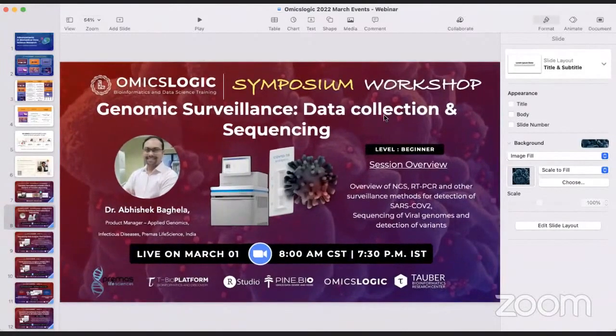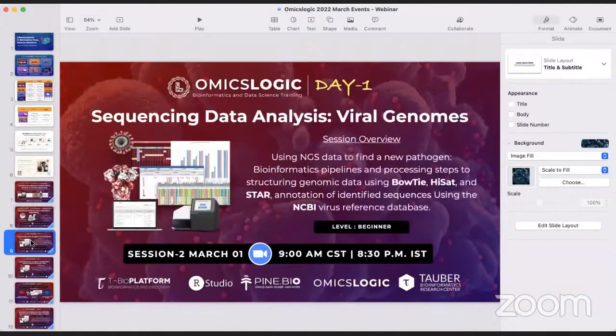In this expert session, we will cover those aspects. Followed by that, we will move to a more technical part, where we will be analyzing data with respect to a research project. We'll be utilizing the T-Bioinfo platform, using specific algorithms, databases and data sets to analyze viral genomes, so that everyone gets an overview.